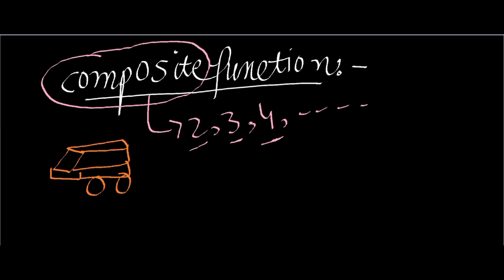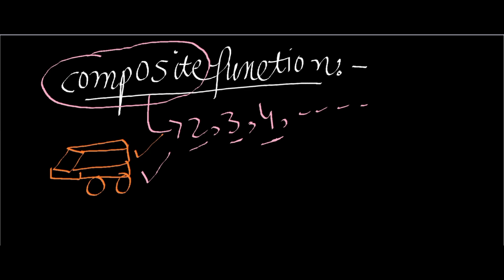I'm going to perform two functions on this car. The first one, I'm going to build the frame of this car, and the second, I'm going to color this car. The first function is just building the frame, and the second function is just to color the car.